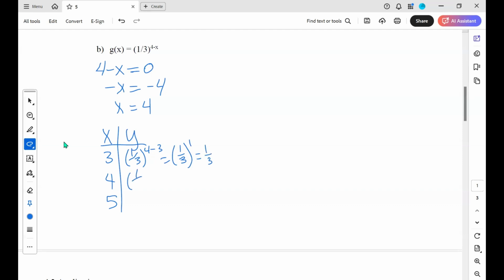Then we have 1/3 to the 4 minus 4, which is 1/3 to the 0 power. And again, anything to the 0 power is equal to 1. And then we have 1/3 to the 4 minus 5 power, which is 1/3 to the negative 1, which again flips over the fraction. So that's going to give us just 3.